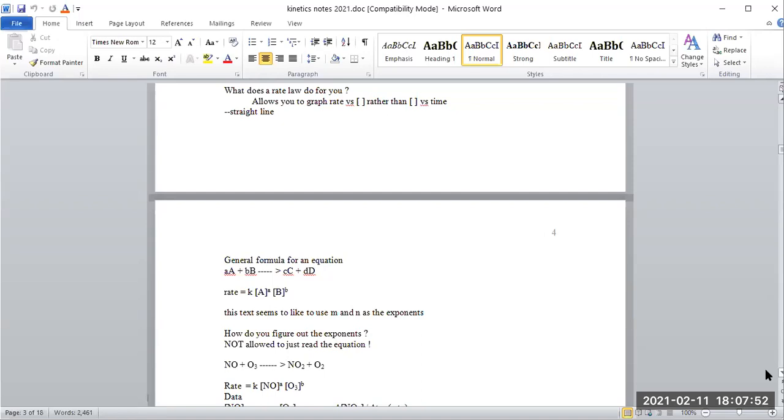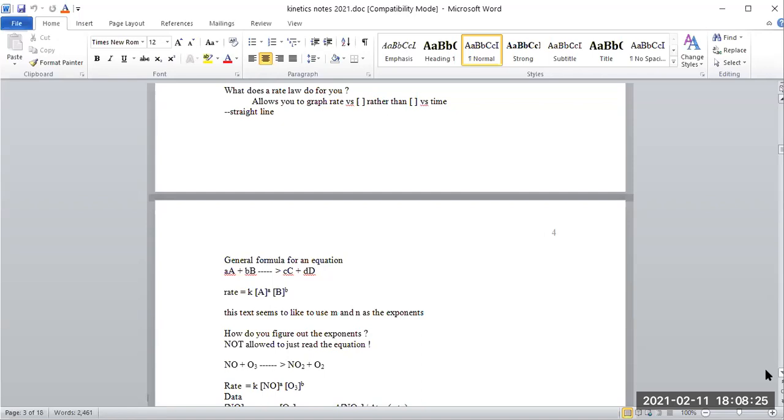Your textbook doesn't agree exactly with your lab book on this, which is why I mention it. You may see M's and N's used as the little exponent symbols instead of lowercase a and lowercase b. It doesn't change the math. It's just the letter of the alphabet that they happen to choose for their examples.